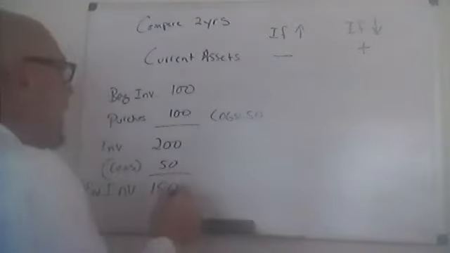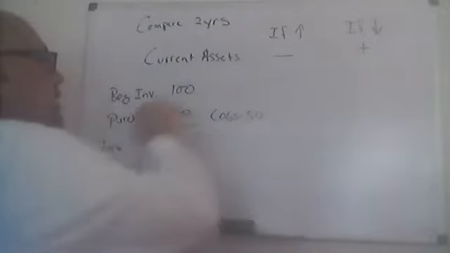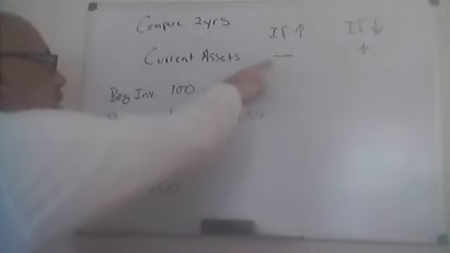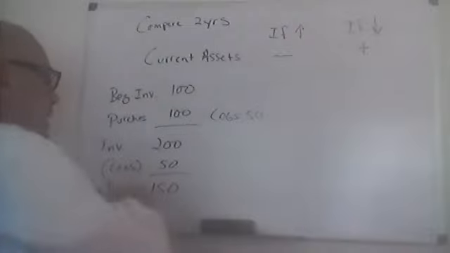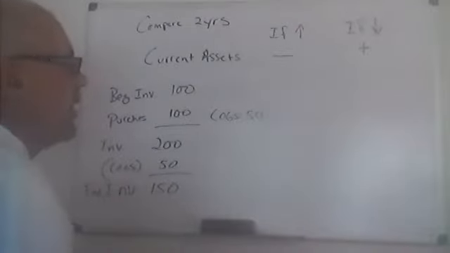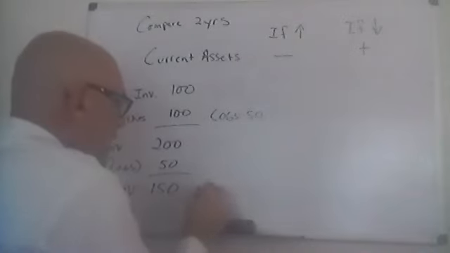So in order to get that, since our beginning inventory was 100, our ending inventory was 150. Number went up, so we need to subtract it from our cash. So we're taking 50 out.